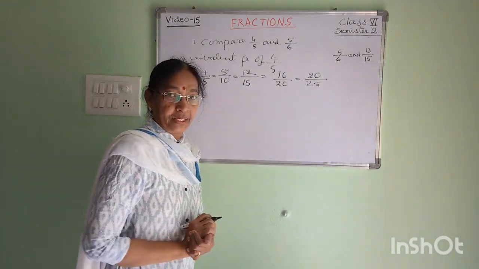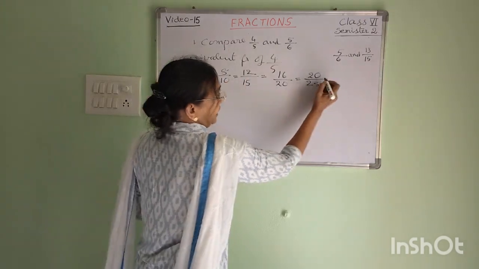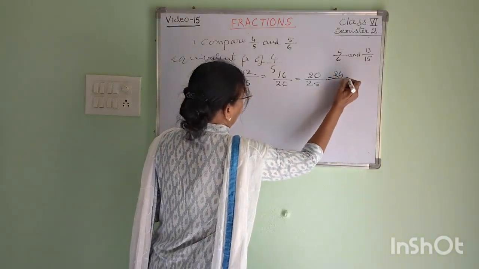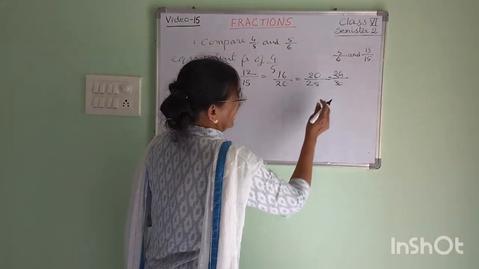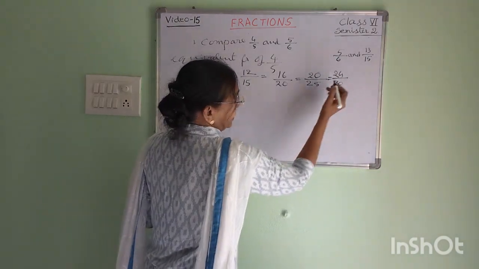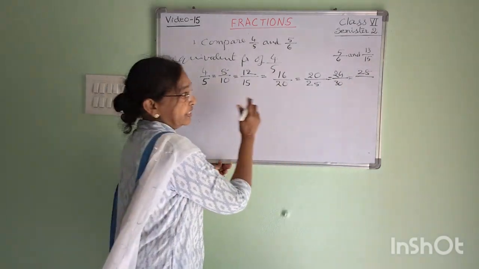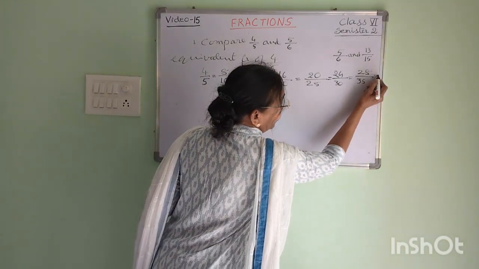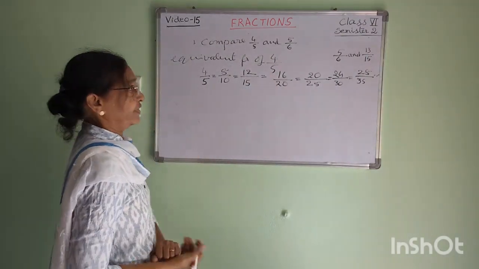Next multiplying by 6, 6 4s are 24 and 6 5s are 30. Next 7, 7 4s are 28 by 7 5s are 35. Like that, we can write any number of equivalent fractions of 4 by 5.